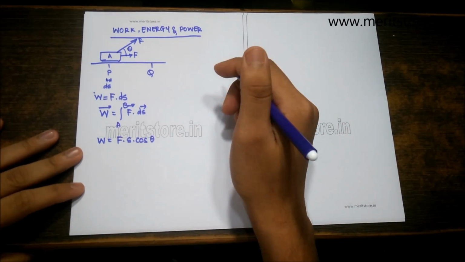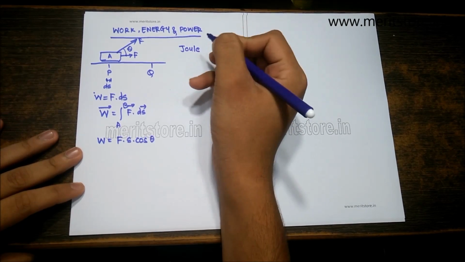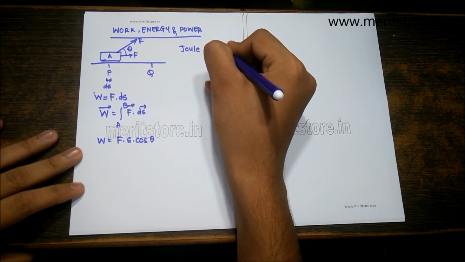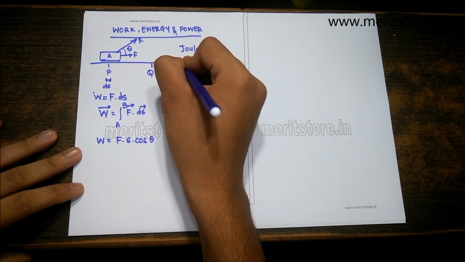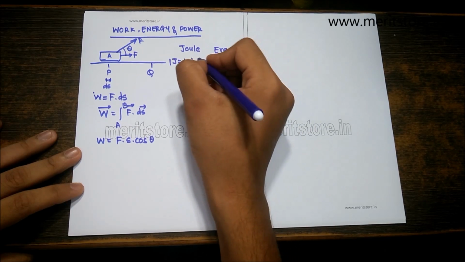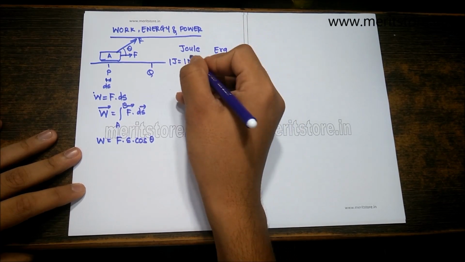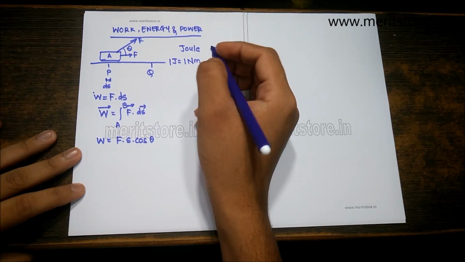The SI unit of work is joule, while the CGS unit is erg. So what is 1 joule? 1 joule is 1 Newton meter, which means the force of 1 Newton to move the body by a distance of 1 meter.